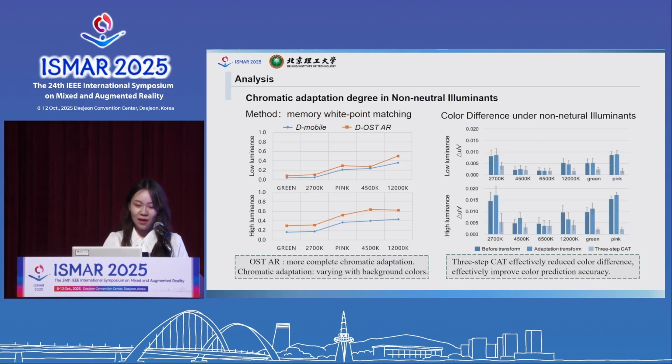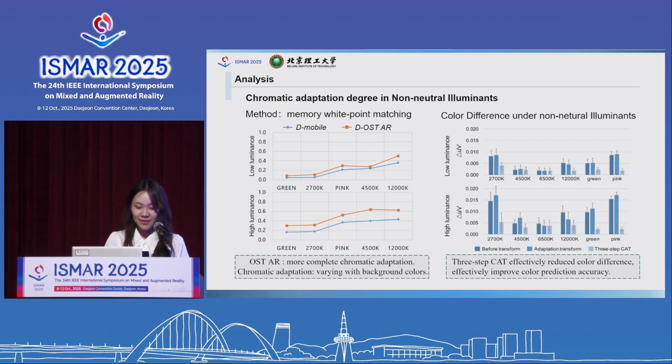Here, after using our three-step CAT in non-neutral illuminance, we calculated the chromatic adaptation degree by a memory white point matching experiment, and the chromatic adaptation degrees are shown in the figure. We can see that the OST-AR has more complete chromatic adaptation than the mobile display. Both displays have higher chromatic adaptation at higher luminance.